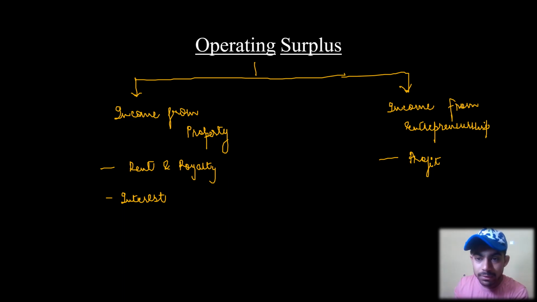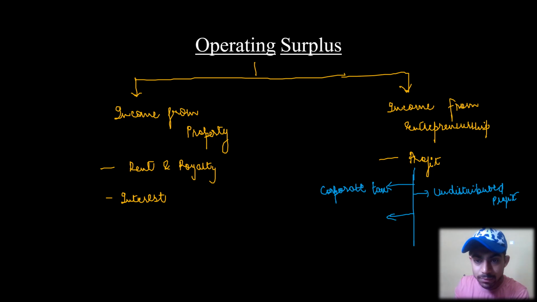Now, again, the profit is subdivided into various parts such as, for example, undistributed profit or retained earnings. This is also a part of profit. Then corporate tax, the tax that a company has to pay to the government.